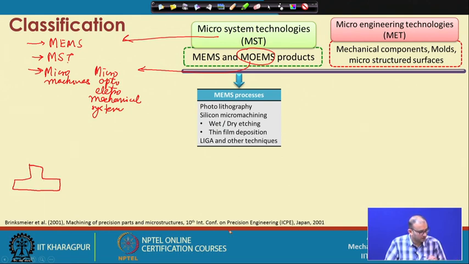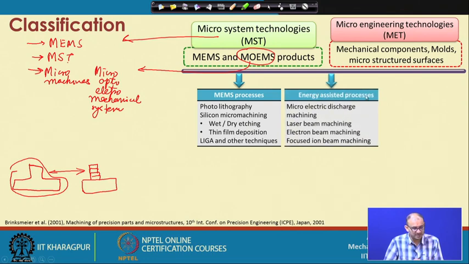Then what you have to do, you take out a substrate material, then deposit a small layer on the top of that, and then you can replicate the particular product which you want to make. So, this is where you can do thin film deposition, and you can create different types of material properties also on some different material, LIGA and other techniques which are MEMS based.